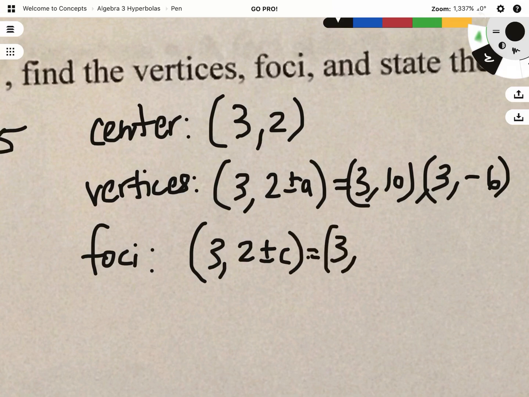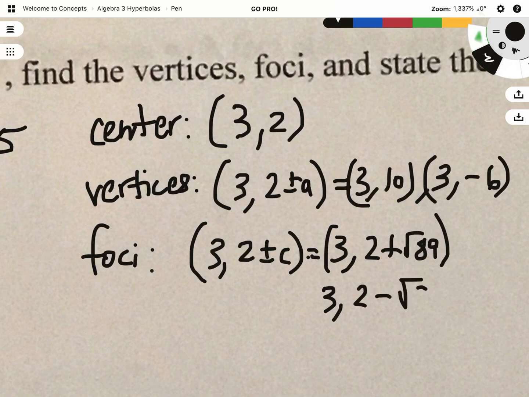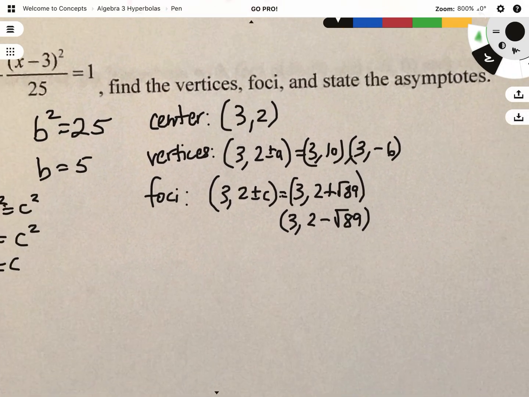So c was root 89, so I'm just going to write it like that: 3, 2 plus root 89, and then 3, 2 minus root 89. And that's a little bit greater than 9. Let's see what that is. 9.4. So 2 plus 9.4, 2 minus 9.4.